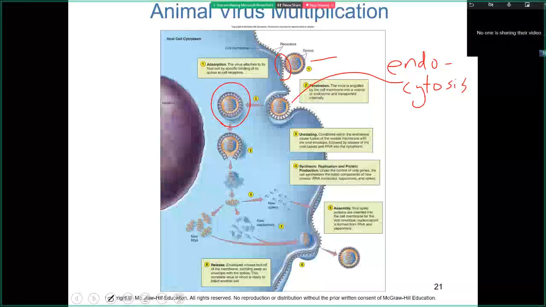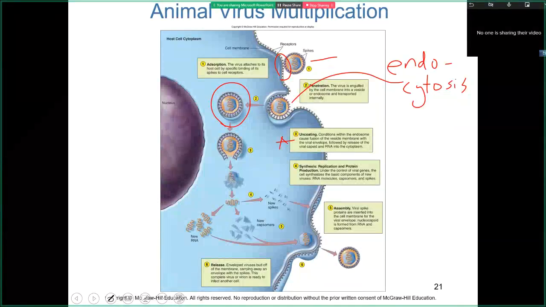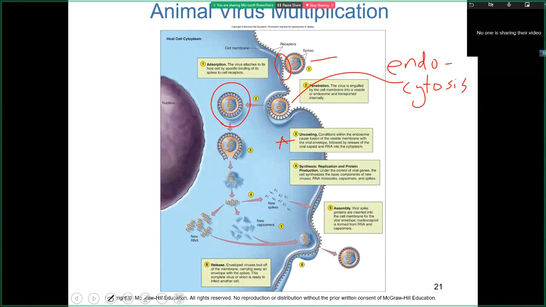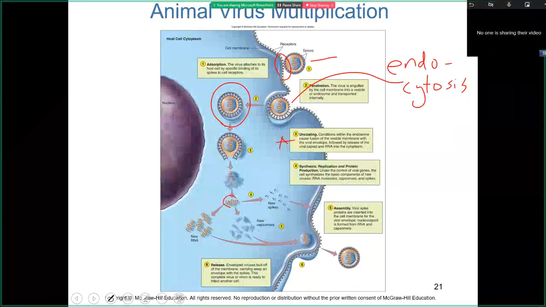Of course, that has to eventually be eliminated, which is what's happening here in step 3. The whole covering, the 2 layers of phospholipid, and the capsid itself are taken apart, are torn down, and that releases the genetic material.